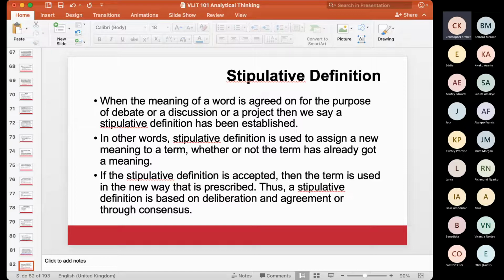In other words, stipulative definition is used to assign a new meaning to a term, whether or not the term has already got a meaning. Sometimes the term has already got a meaning, but you want to give it a new meaning because of the purpose for which you want to use it. Sometimes new words are also coming. Look at the word like chair.